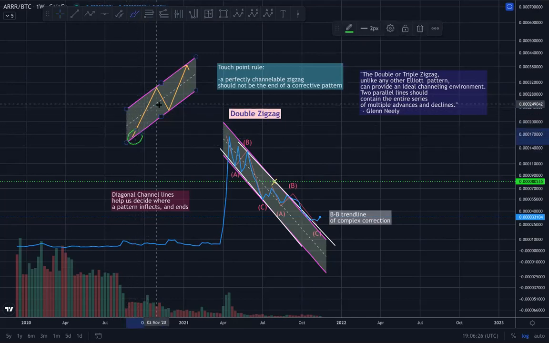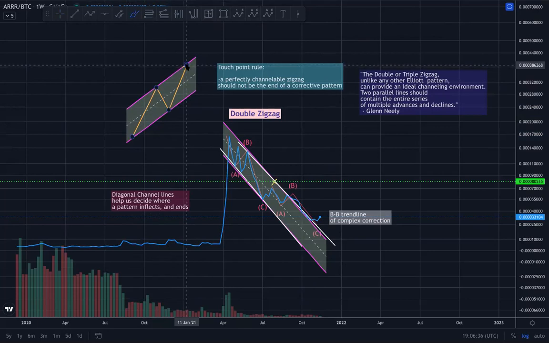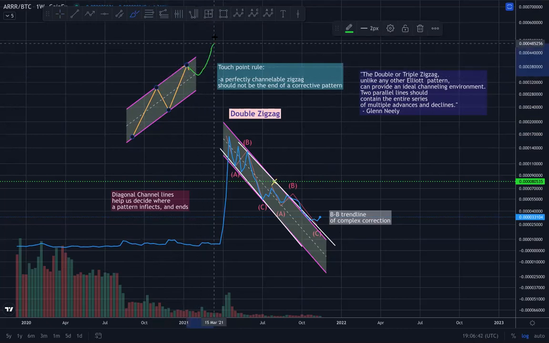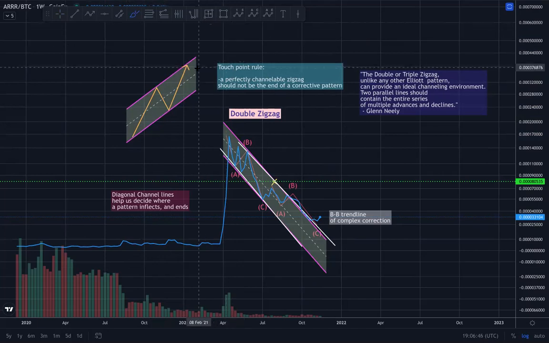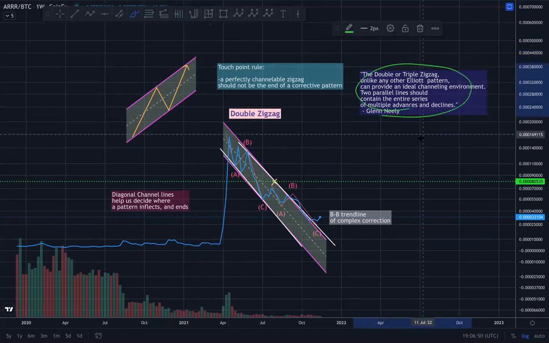When we use trend lines, they're based on significant touch points. And if the zigzag pattern ends, or even a flat pattern, if it ends here at the touch point, it means there would probably be an X wave intervening and then some further movement that takes us either out of the channel or within the channel, probably within the channel. Based on this idea here, it would stay within the channel.